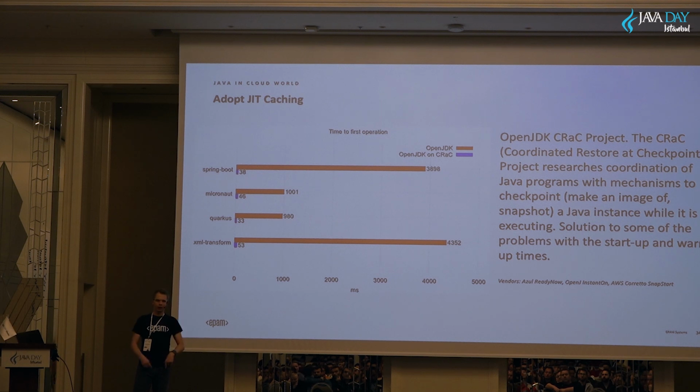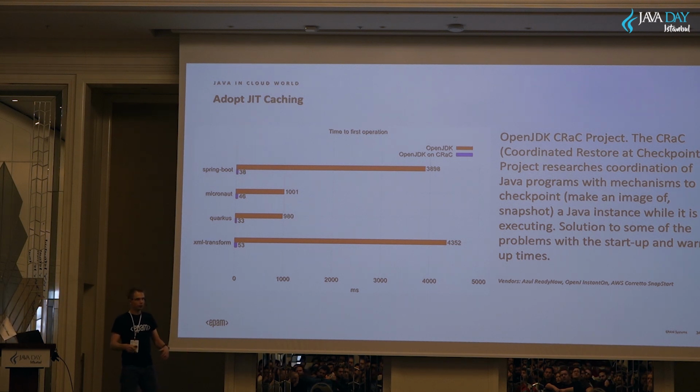And when we shut down our machine, our container, we lose all this work which we did during runtime. And the idea was, what will happen if we make some kind of snapshot of our machine at some time.